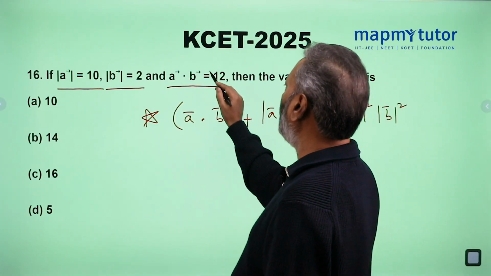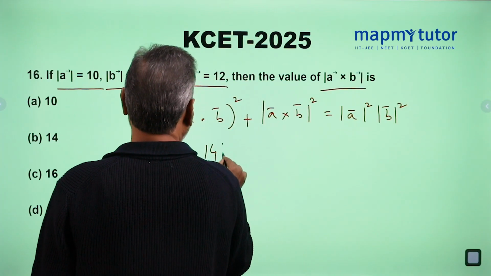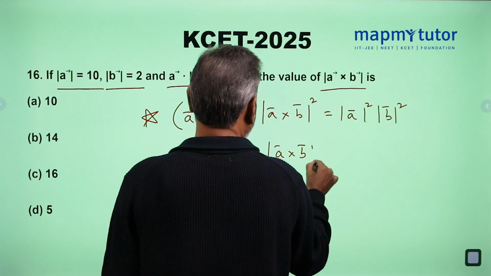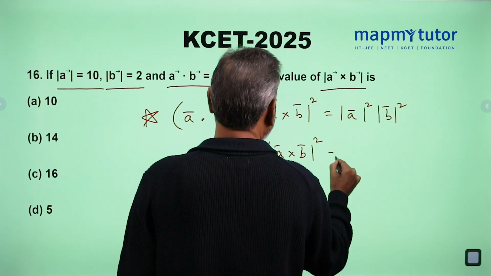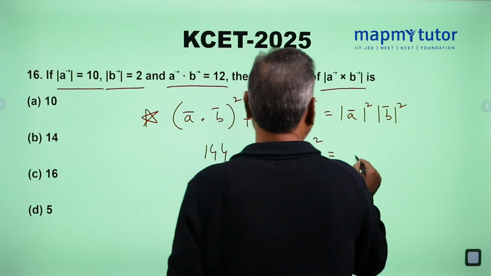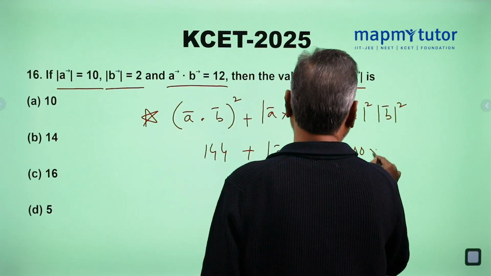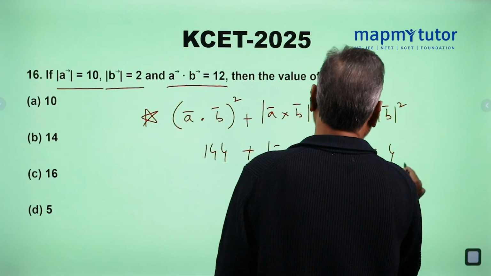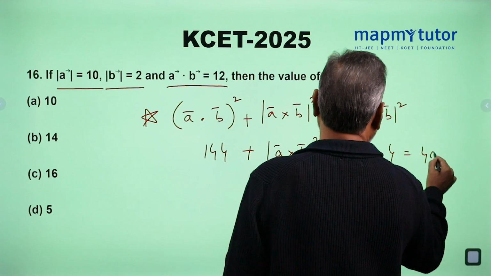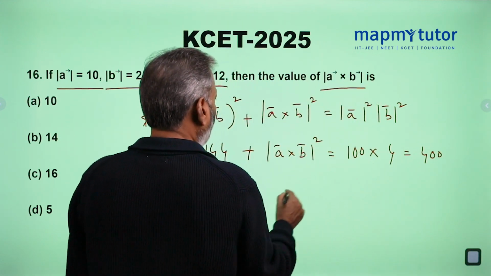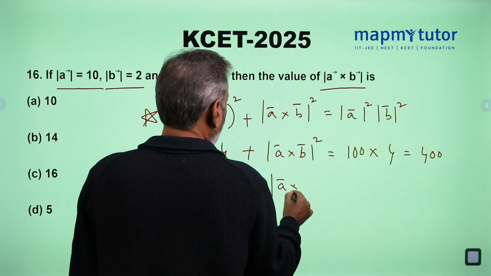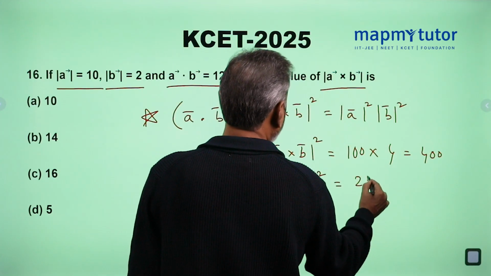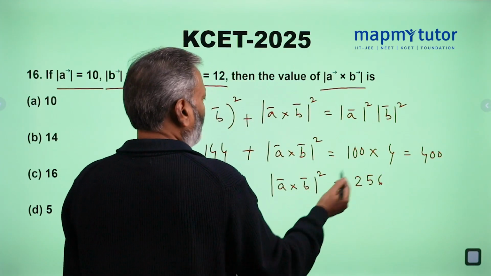Now, what is A dot B? Already found. So, this is 144 plus mod A cross B squared, which is what we have to calculate, so leave it as it is. And mod A square is 100 because mod A is 10. Mod B bar is 2, that means 4. So, it is 400. If you bring 144 to the right side, you will get mod A bar cross B bar whole square is 400 minus 144, that is 256.